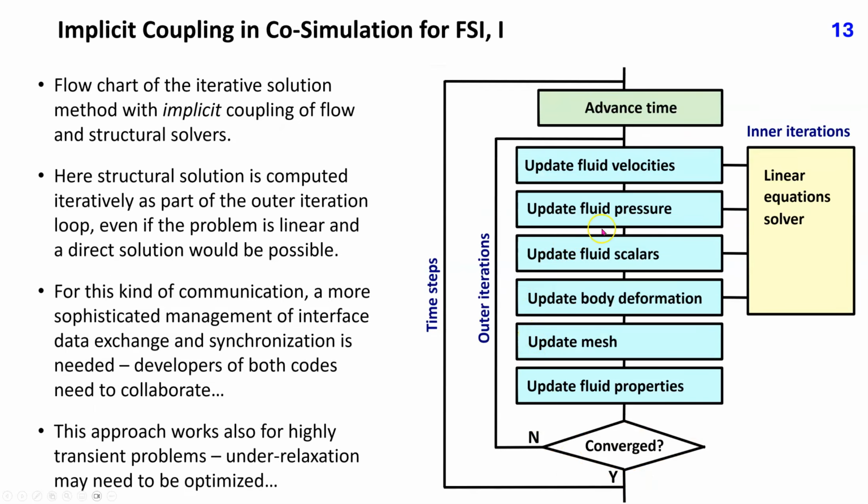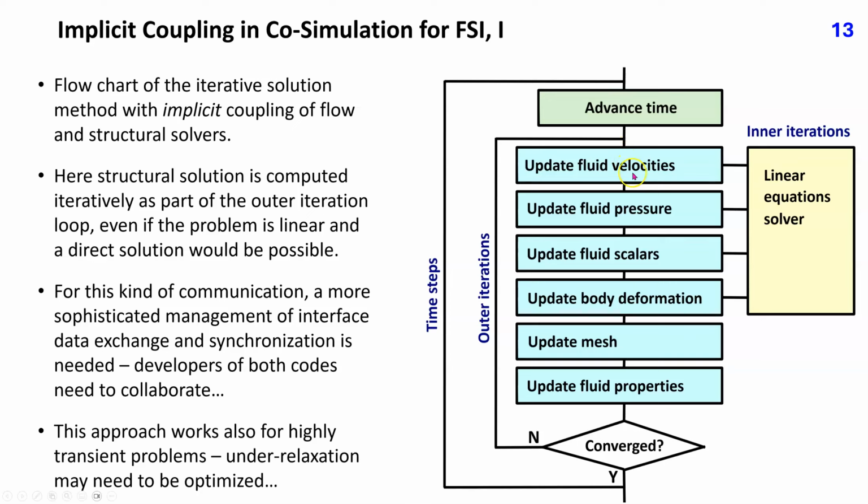This figure shows the flow chart of the iterative solution method with implicit coupling of flow and structural solvers. Here, structural solution is computed iteratively as part of the outer-iteration loop, even if the problem is linear and a direct solution would be possible.